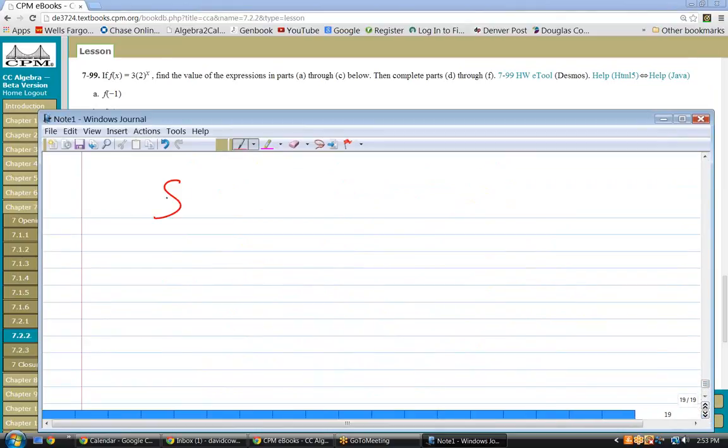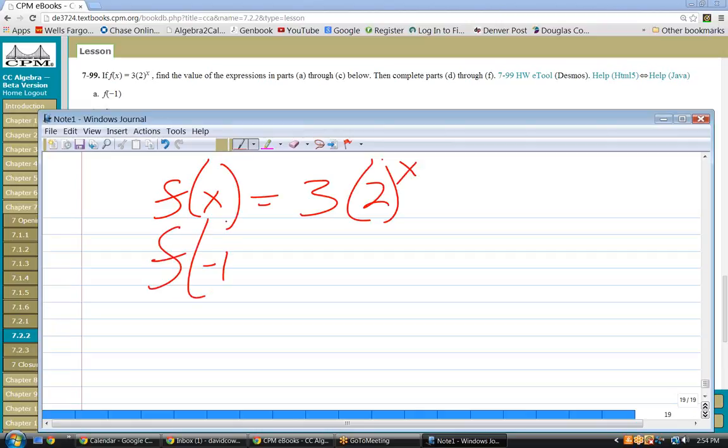So we have f of x being 3 times 2 to the x power. What is f of -1? -1 equals 3 times 2 to the negative 1. In other words, whenever you see this designation, whatever's inside the parentheses, plug it in for x.